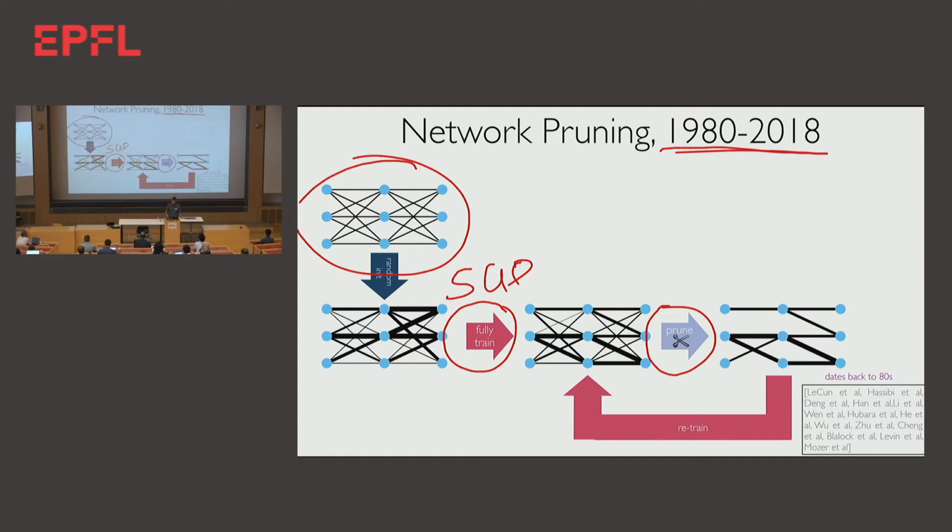You sparsify and then you retrain, and you sparsify and you retrain, and that is after a full training with SGD, okay? Again, this is not every single work that has appeared in the past, but it characterizes a big chunk of the model pruning type of work.